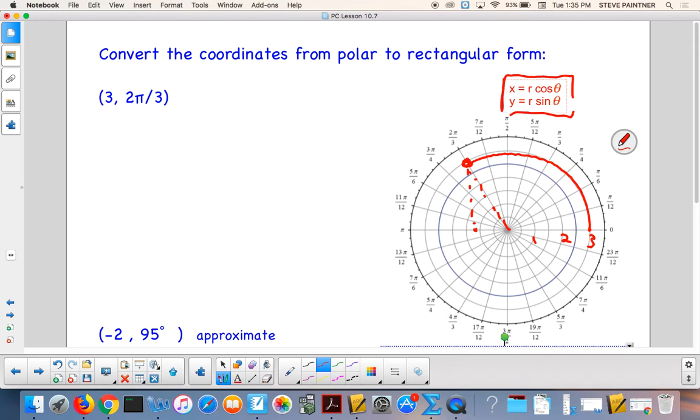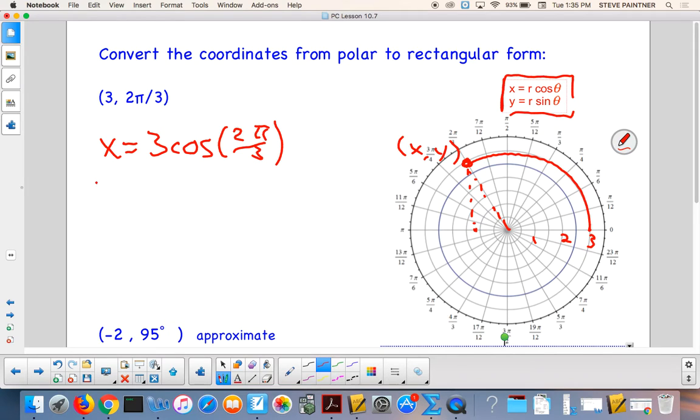I'm interested in the xy coordinates. What was that? X won't be negative. I got that x equals negative 1.5. Negative 1.5. So what did you use? So you did this, 3 cosine 2 pi over 3? Yeah.